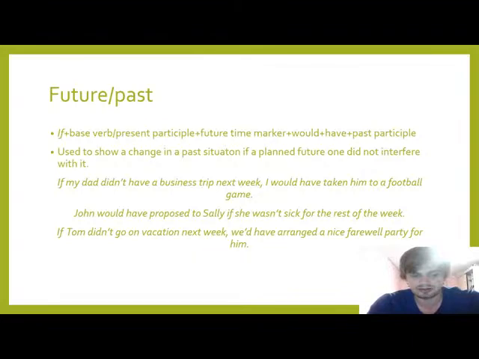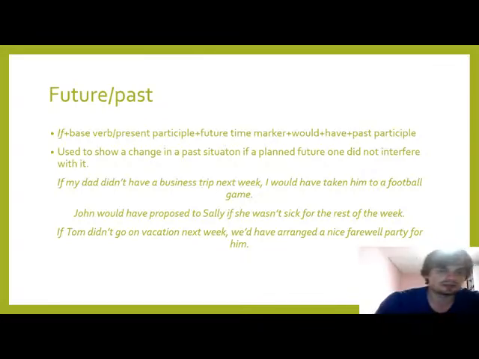However, the father actually does have to go on the business trip, and the speaker is left with a spare ticket, and now they have to figure out whom they should give it to.